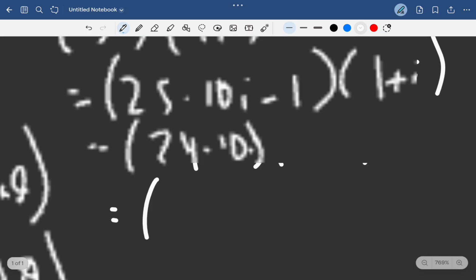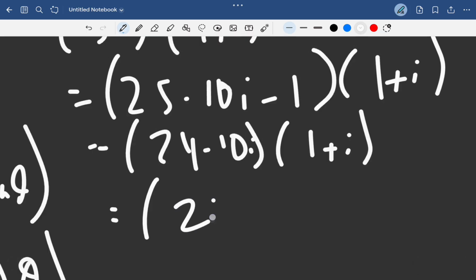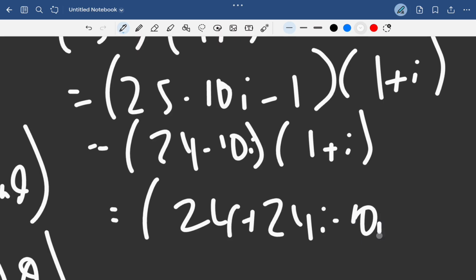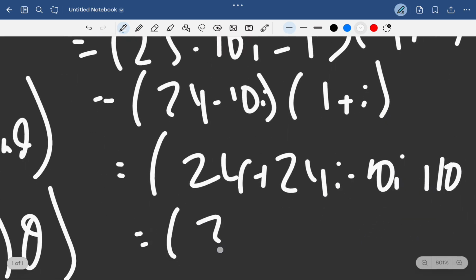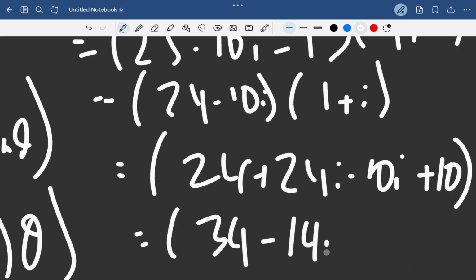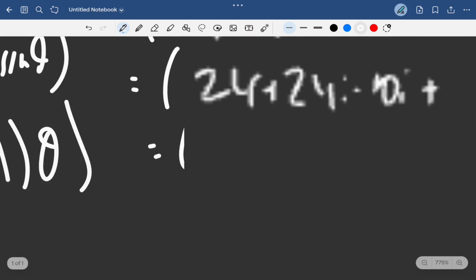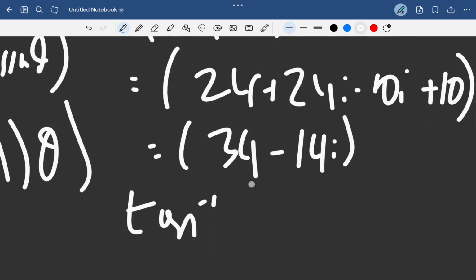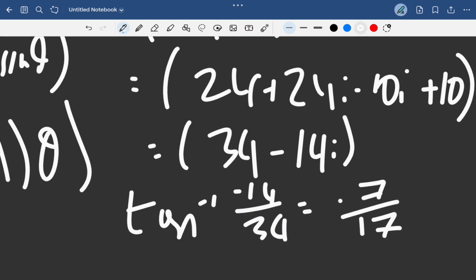And that is 24 plus 24i minus 10i plus 10. And that is 34 minus 14i. And then the argument of this complex number is arctan of minus 14 over 34. And this is minus 7 over 17.